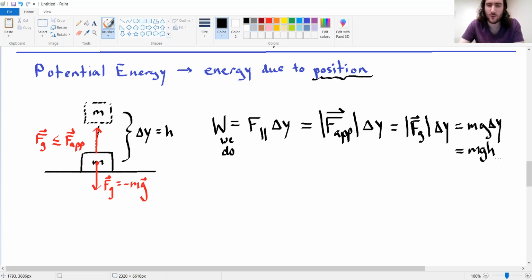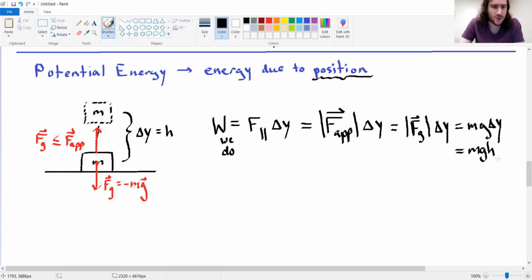In practice, it would take us a really long time to do that. And so this amount of work that I've written down here is only the amount of work that we would do in the case where we move the block very slowly.